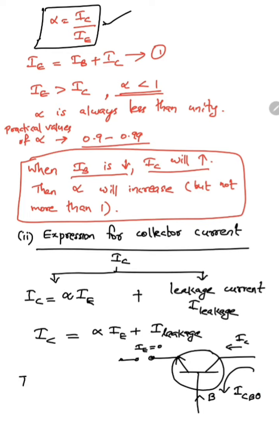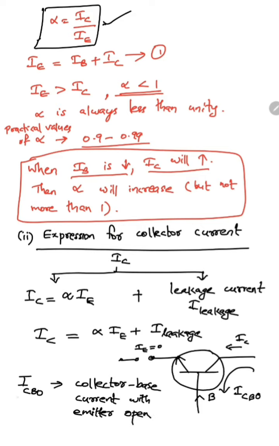ICBO is known as the collector base current with emitter open. So this ICBO is known as the leakage current.